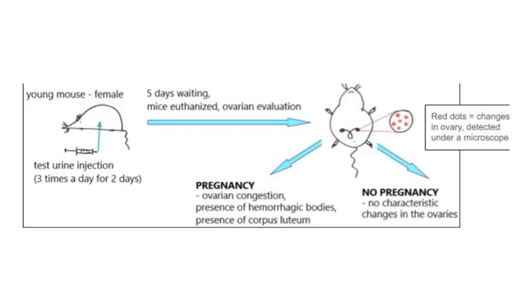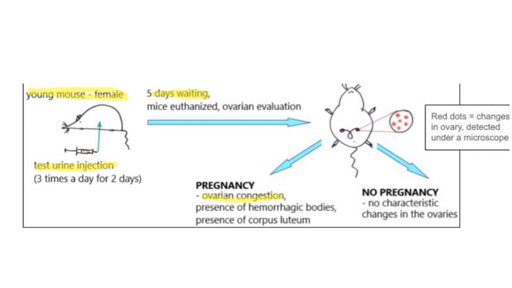For the pregnancy test, they used a female young mouse and injected the urine of the women who are suspected to be pregnant. They waited for 5 days, and after 5 days, they saw the ovary.